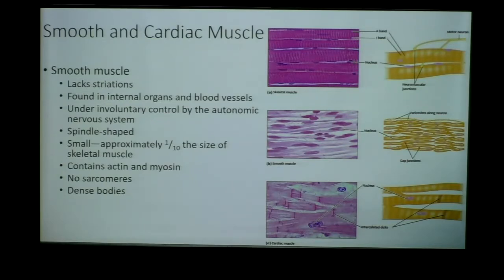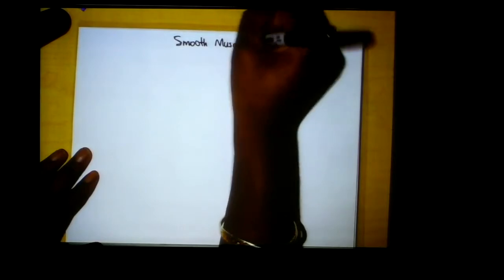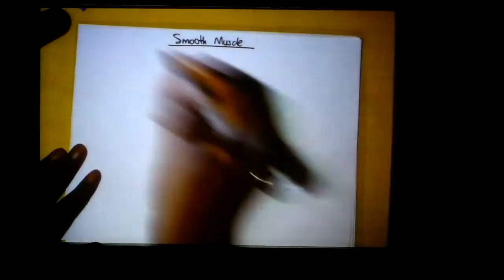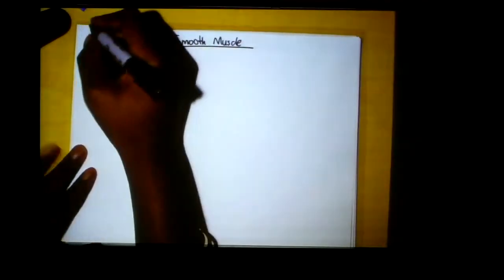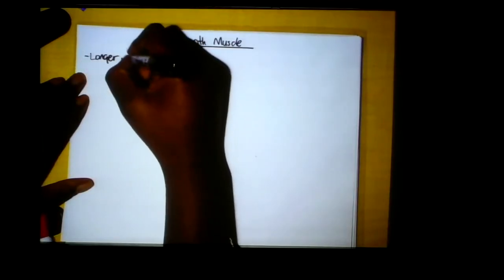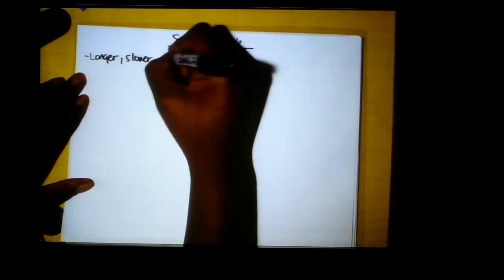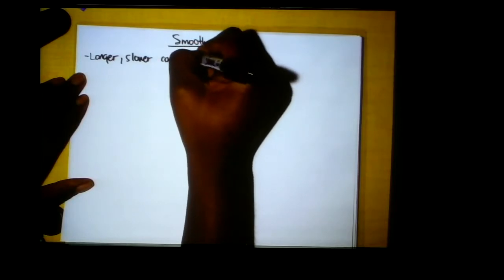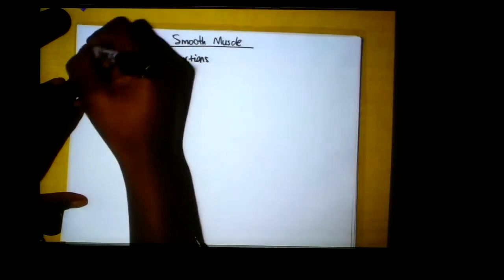Okay, so let's look at this here quickly. So we have smooth muscle. First off, we're going to mention that the contractions here are much longer, much slower. And I'll talk about why in a little bit.